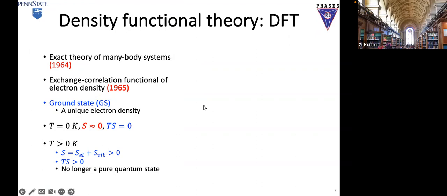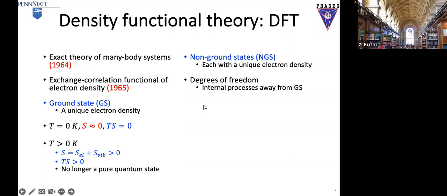Now of course, in addition to the ground state, we can do the non-ground states, which are excited states. Each is a specific state with a unique electron density. And then you can sample all kinds of degrees of freedom in the system, as many as you can, for the macro states, the non-ground states.